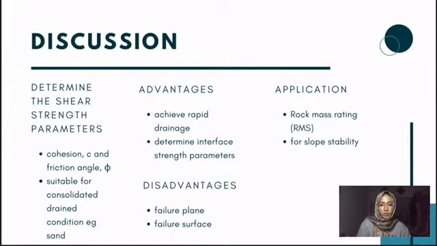Next, it can be used to determine the interface strength parameters. Meanwhile, for the disadvantages of this test, failure may occur along a predetermined failure plane. Besides that, the area of the sliding surface changes as the test progresses, which can make the result inaccurate. Last but not least, a non-uniform distribution of shear stress along the failure surface may exist. That's all from me. Thank you.